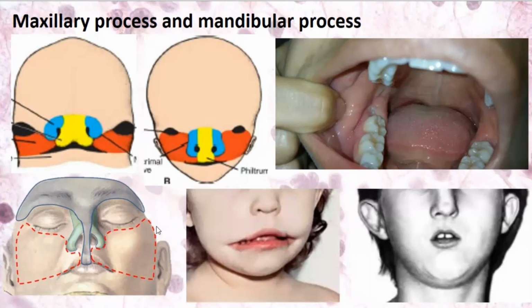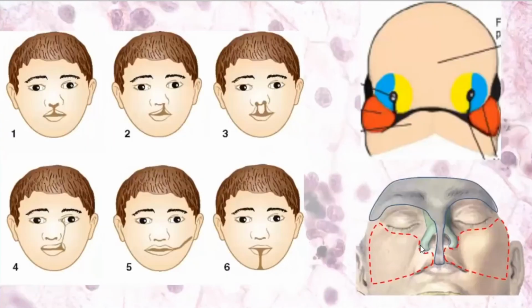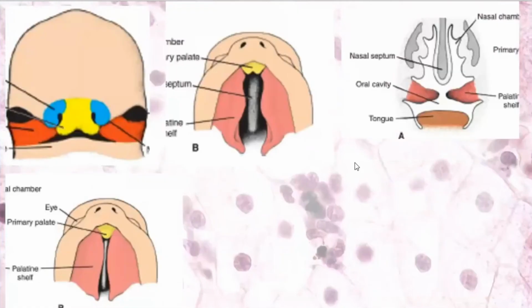In those cases, mouth opening is very small and it's called microstomy. So there are different mistakes of embryogenesis and different clefts, different gaps in the face, and they occur as a result of different mistakes of embryogenesis when different germs, different sources weren't fused with corresponding processes of the embryonic face.